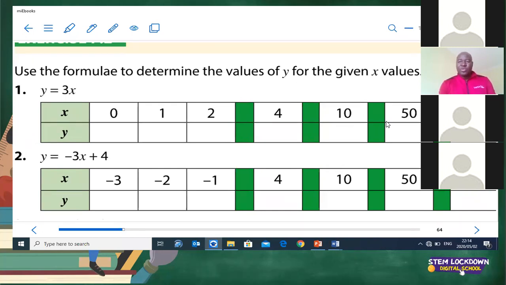Let's go to the next one there, where you've got y equals negative 3x plus 4. We are given the x values here. And I think for the purpose of this lesson, we must use the rule there to find the output. Let's find the output using the rule.